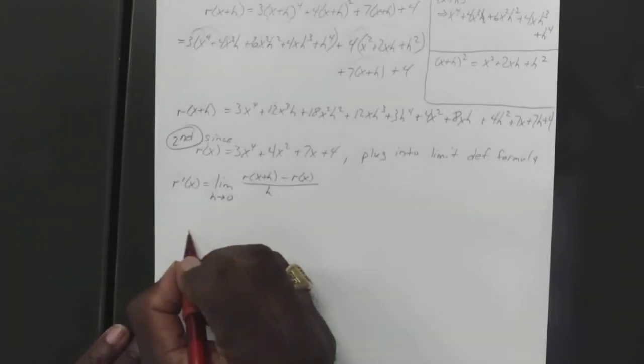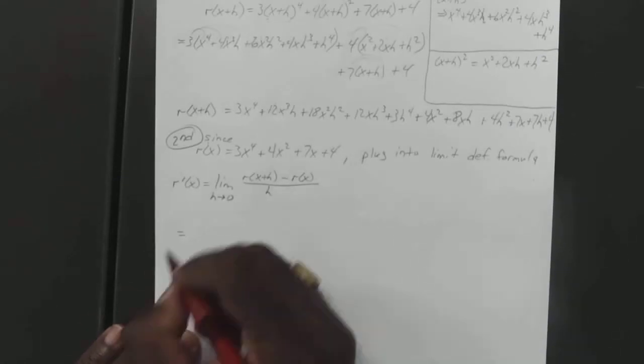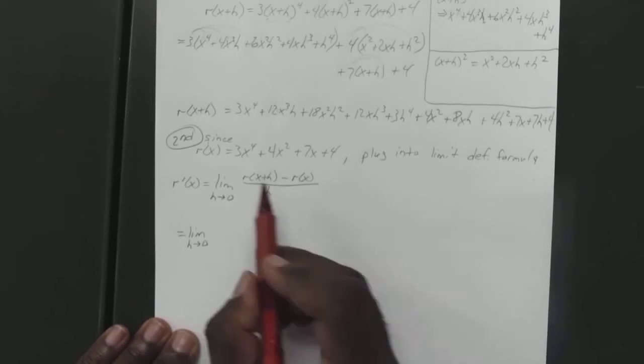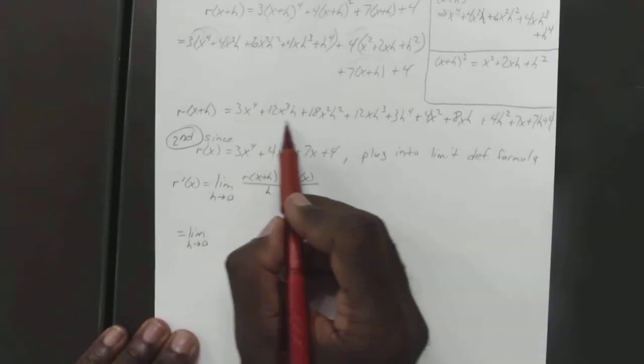Okay, which means it's going to equal the limit as h approaches 0, r of x plus h is all of this up here.